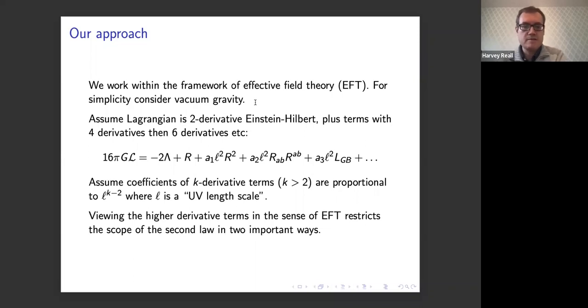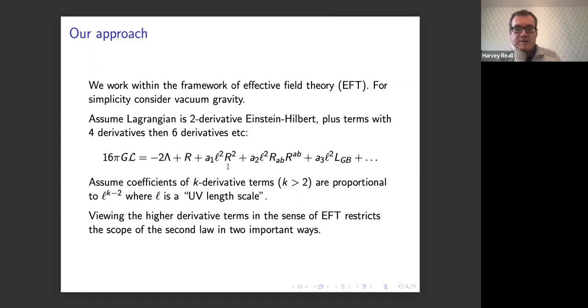We make some comments about matter fields in our paper, but let's just focus here on vacuum gravity. So in effective field theory, we would assume that the Lagrangian is the usual Einstein-Hilbert term and the cosmological constant. And then you add to this action all possible high derivative terms, which we order according to how many derivatives they contain.